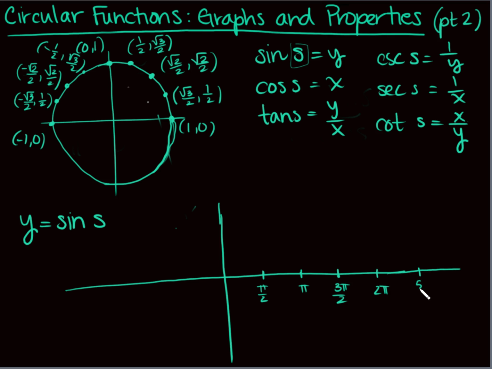We could do 5 pi over 2, and keep going. And of course, could we consider negative angles? Sure we can, because negative angles just go the opposite direction. We can really consider any real number. That's the gist of this whole section, which is pretty powerful, that sine and cosine can do that. And I apologize if those aren't perfect. All right, so let's see what's going to happen here.